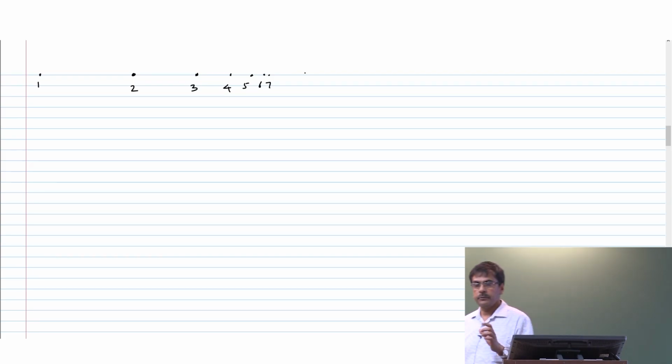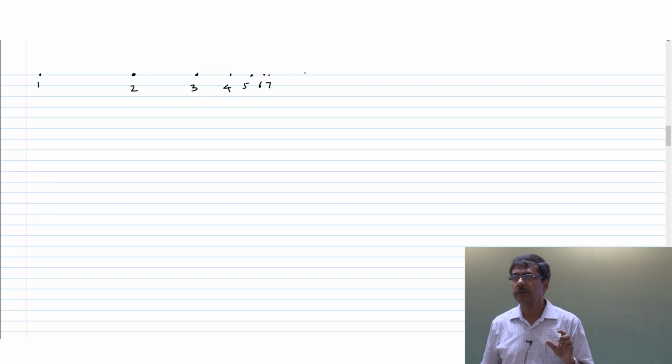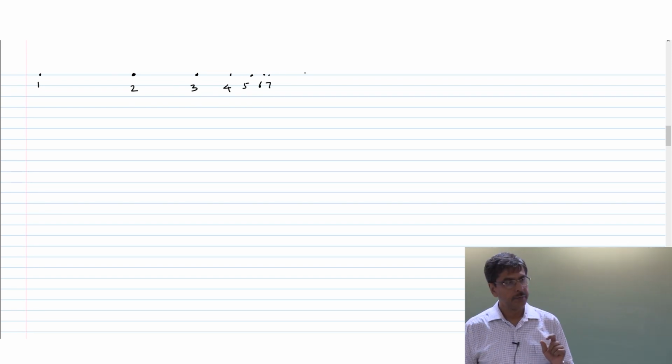So, suppose the points are of this nature. You see the point I am making, and suppose I am inserting the points in this order, and so on and so forth. So, what is happening? As I keep inserting the points, every time the closest pair distance is going to change, right?